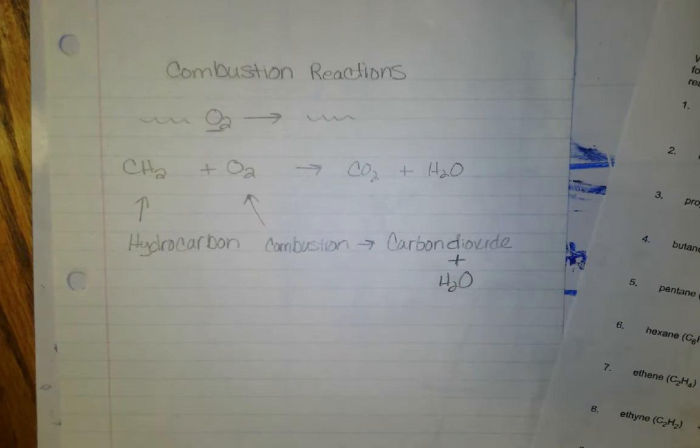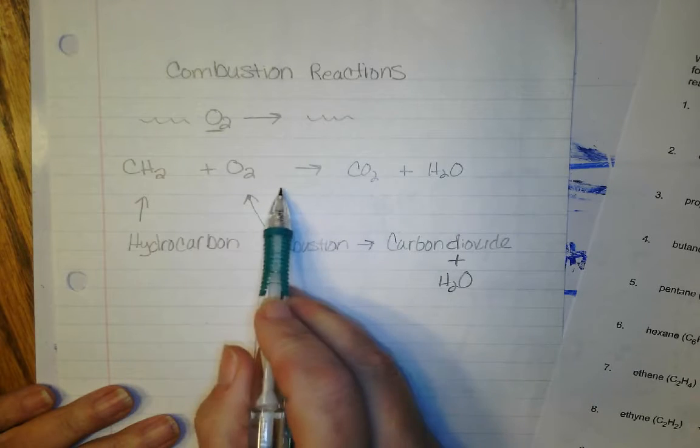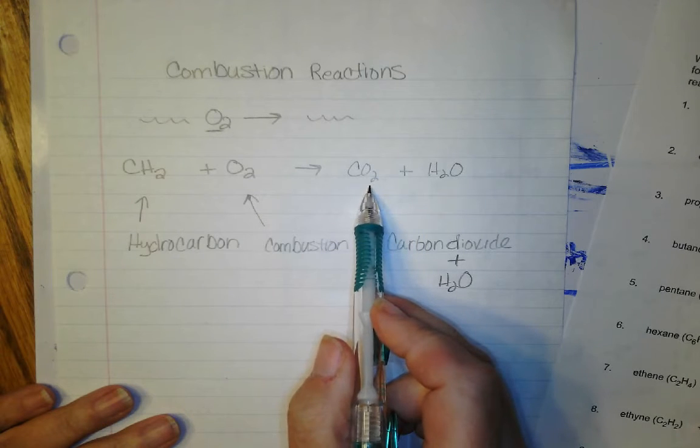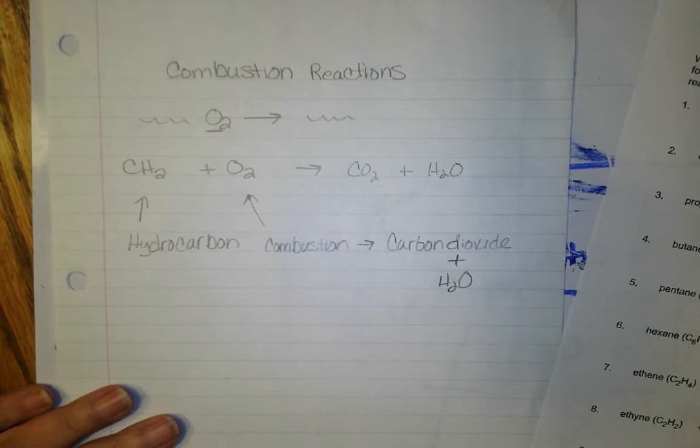Okay, and that's called an incomplete combustion. We won't be doing any of those, but carbon monoxide is deadly, and that's why you have carbon monoxide detectors. That's when things don't burn completely, okay? But we're talking about complete combustion reactions. So for everything on our worksheet, we are going to make this CO2 plus H2O, okay?